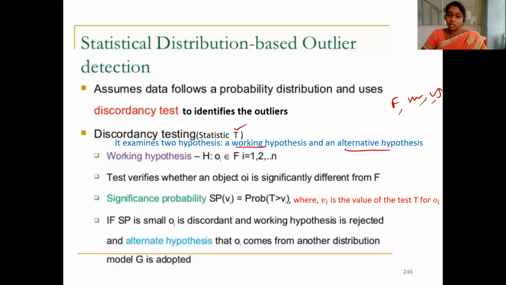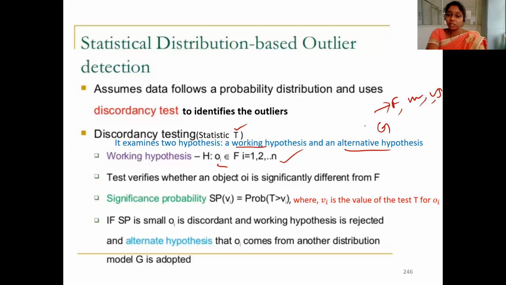The working hypothesis states that all the objects of the data set belong to the distribution F only. Whereas the alternative hypothesis states that the objects do not belong to the distribution F, they belong to some other distribution G.